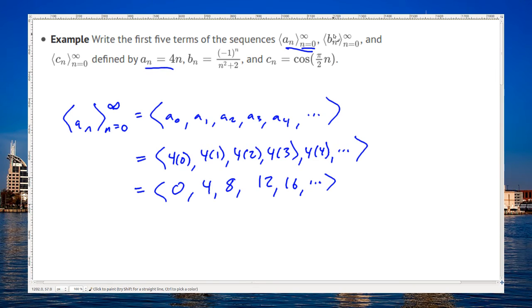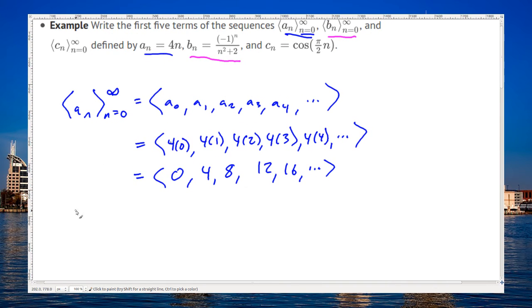Okay, for bn, we are also going to start at 0. We're given this formula, so it's a little more complicated. So bn from 0 to infinity. All right, we'll start with b0, so we get negative 1 to the 0 over 0 squared plus 2. Negative 1 to the 1 over 1 squared plus 2.